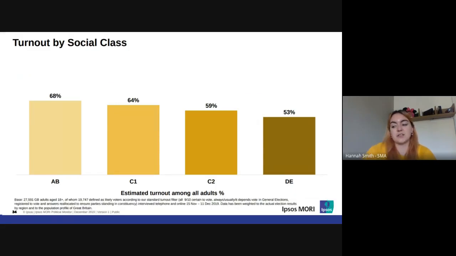Another point just to add, the turnout by social class. When we talk about turnout, we're talking about how many people bothered to show up and cast their vote. You are more likely to turn out to vote if you're in a higher social class. Why might that be?